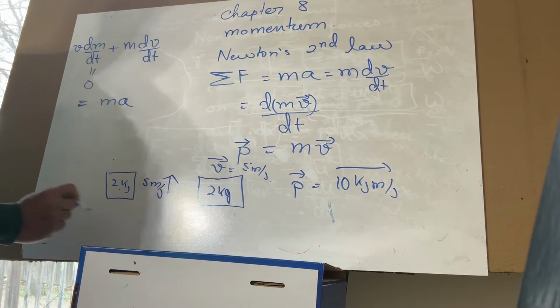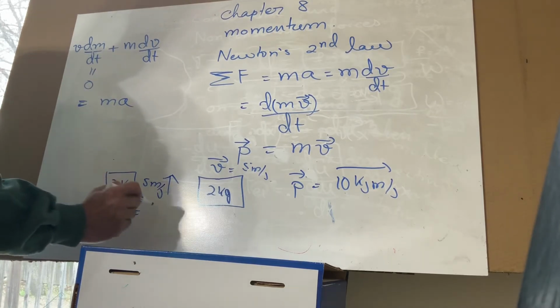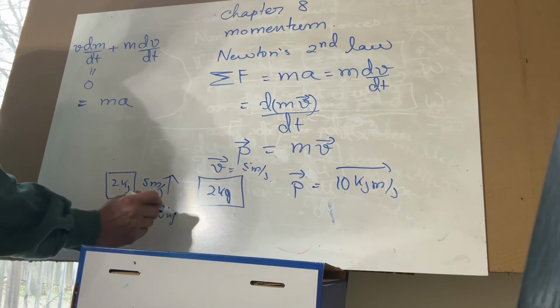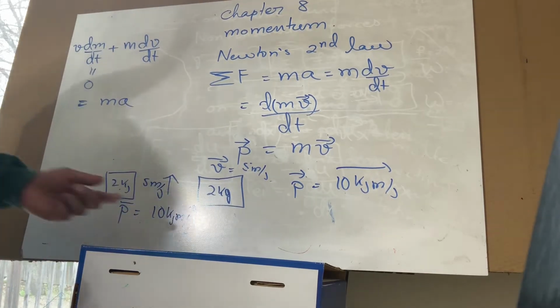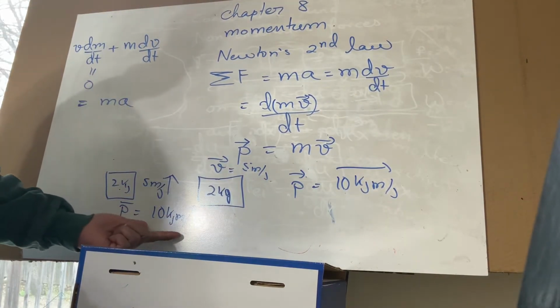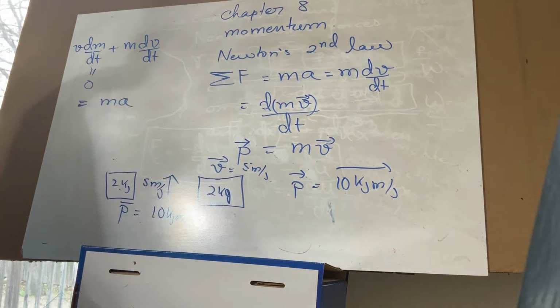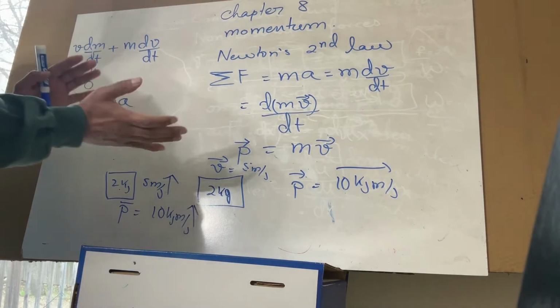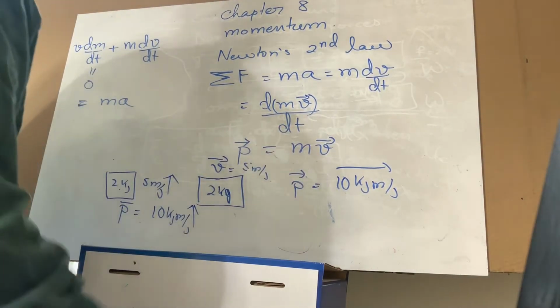What is the momentum going to be? The momentum is now 10 kilogram meters per second, pointed upwards. So even though the numbers are the same, because this is a vector, this momentum is different from that momentum because they are pointed in different directions, right? Momentum not only has a number, but also direction.